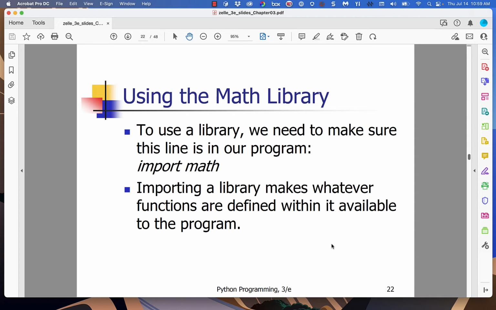If you wanted to use square root, which is one of the things that he uses in that program that he's working up to, if we said import math, then when we wanted to use the square root function, we would say math.sqrt.